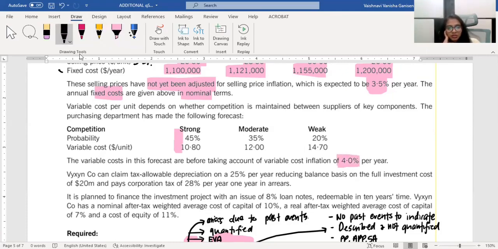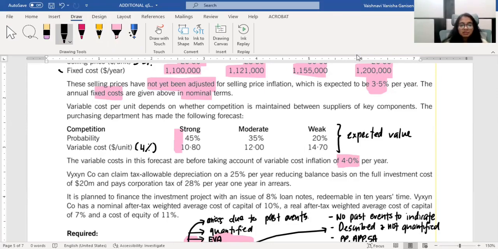So here, your variable cost inflation is 4%. Now, guys, once you see information like this, what I want you to do is calculate the expected value directly. Whenever you see a calculation like this, it means that your calculation includes the expected value.